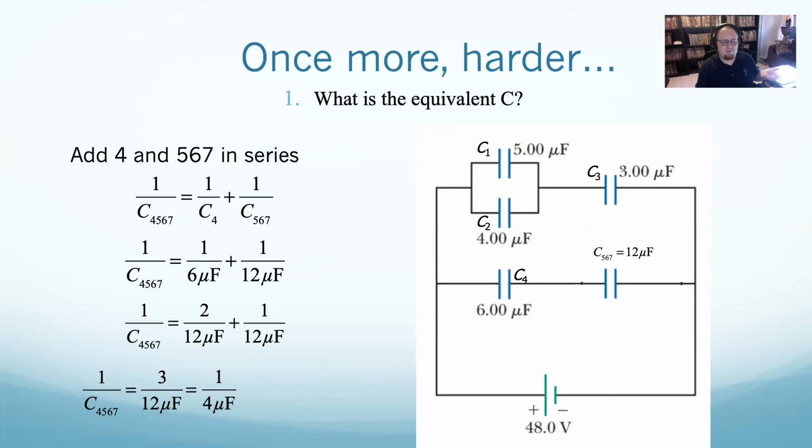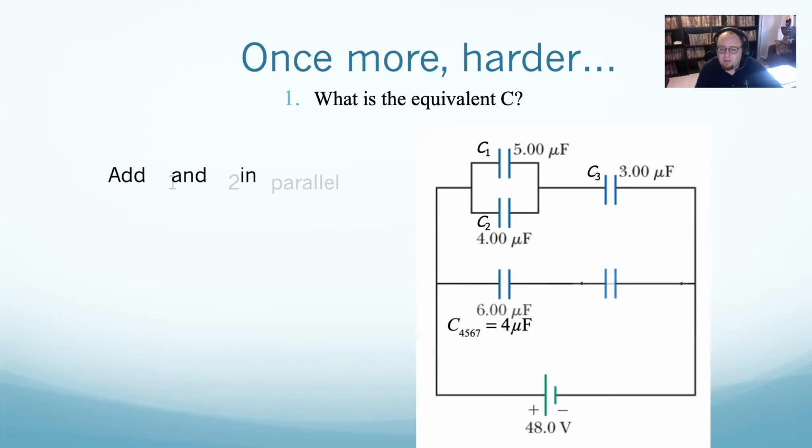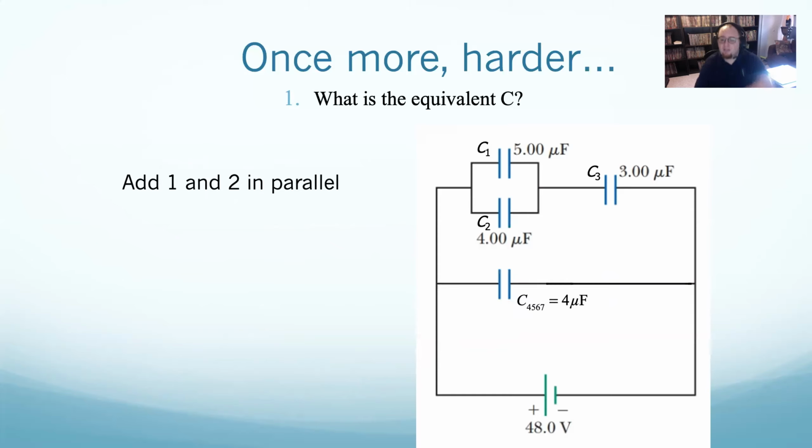But 3 over 12 is a fourth. So C4567 is 4 microfarads. And I can say that that entire middle line would be the same if I had only one capacitor, one capacitor that's 4 microfarads. And there you go. That middle line was down to 1 now.